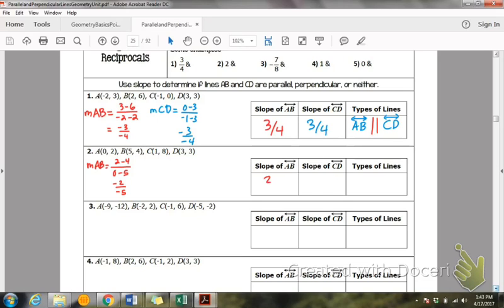I'm guessing positive 2/5 for AB. Are you guys getting positive 2/5? Because a negative over negative is a positive, right? Okay.